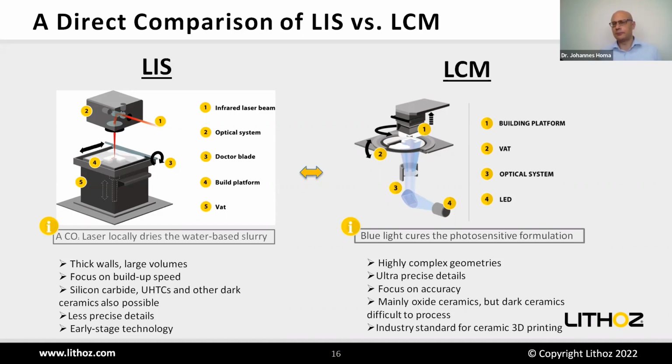Usually I would say 99% of the parts in the LCM technology are used without post-processing or machining, and also from the repeatability. It's already a standard technology in ceramic forming, with very high reproducibility.